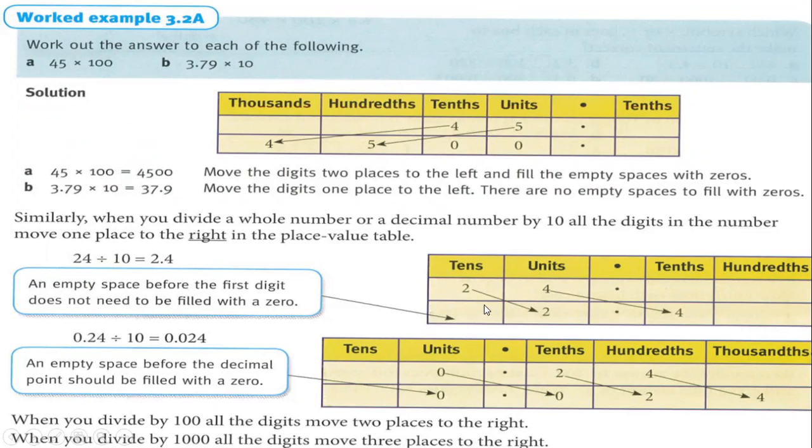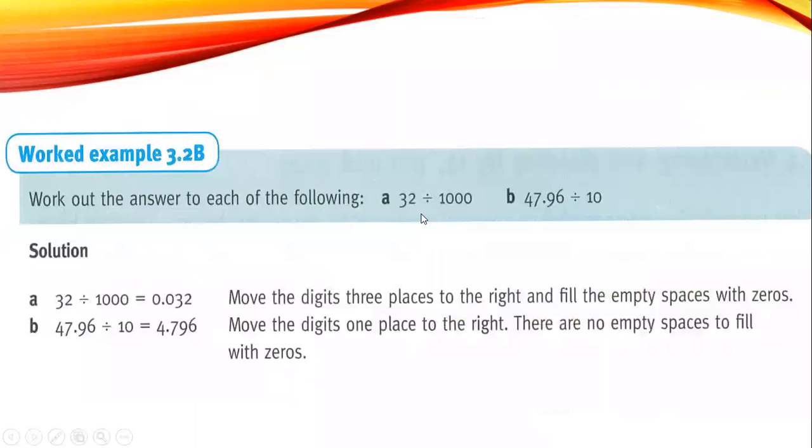Let's suppose we have 24 divided by 10. The place of 4 is units, so it moves toward tenths. The place of 2 is tens, so it moves toward units. It is the same with 0.24. I divide by 10, so the place of unit, which is zero, moves toward tenths, the place of 2, which is tenths, moves toward hundredths, and hundredths moves toward thousandths.